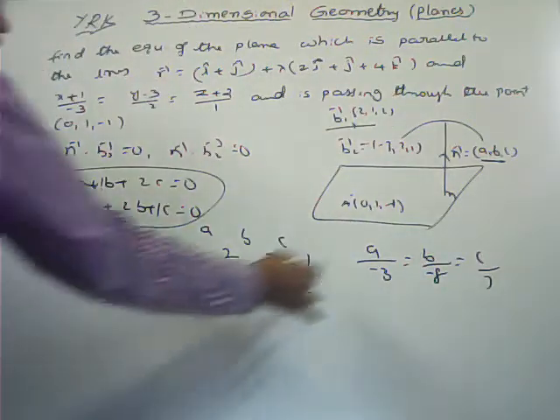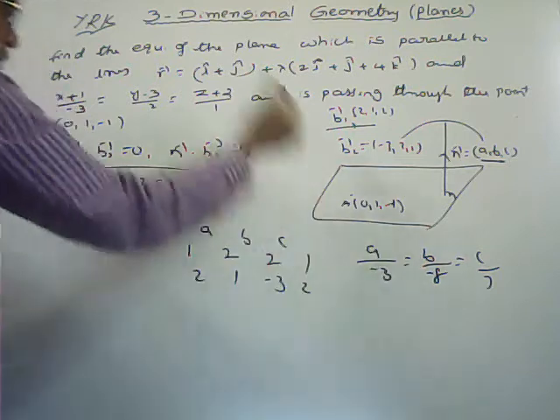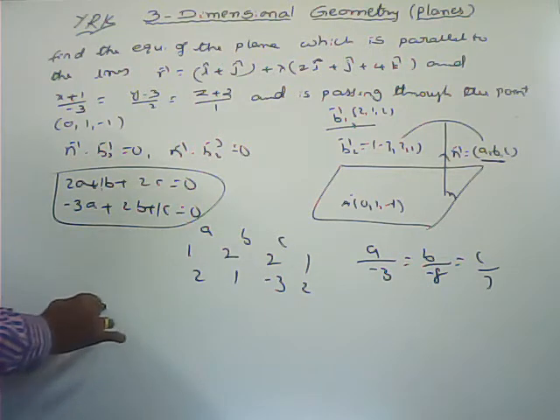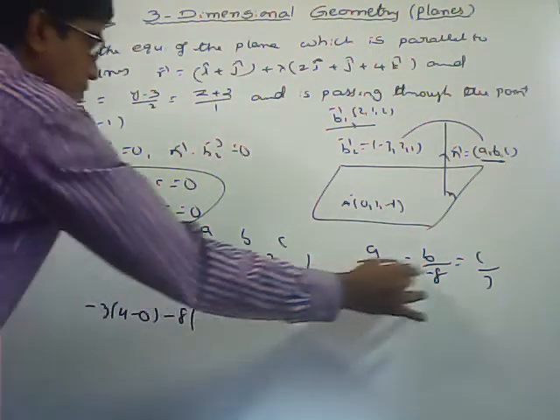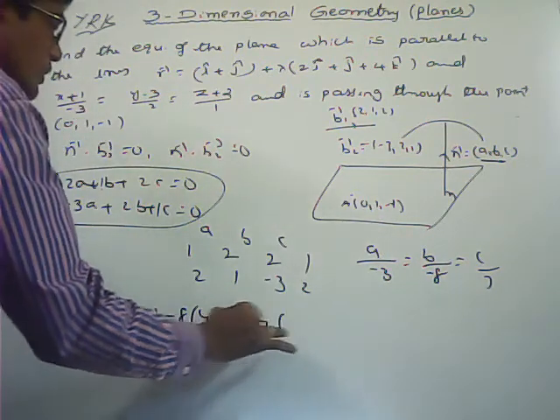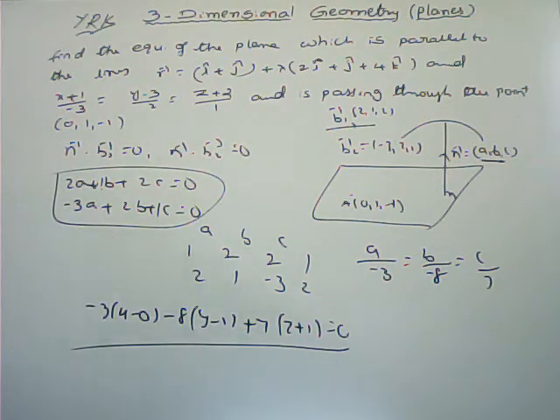So these are the direction ratios we got. Equation of the plane passing through this point and these direction ratios: if you get two relations between A, B, C, we can get the direction ratios of that plane by using the cross multiplication method. So A into minus 3 into x minus x1 plus B into y minus y1 plus C into z minus z1 is equal to 0. This is the equation of the plane.